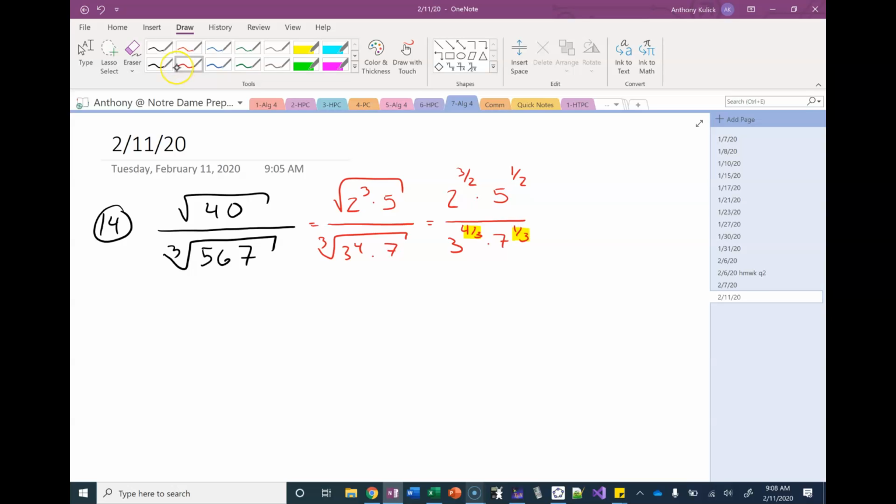So looking at 3 to the 4 thirds, what I'm going to ask myself is, what's the next whole number after 4 thirds? So it would be 6 thirds, or 2, right? So how many more thirds do I need to get to 6 thirds? 2. So I'm going to multiply the top and bottom by 3 to the 2 thirds.